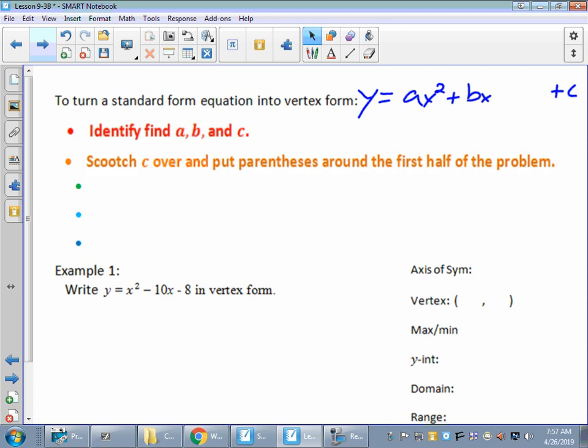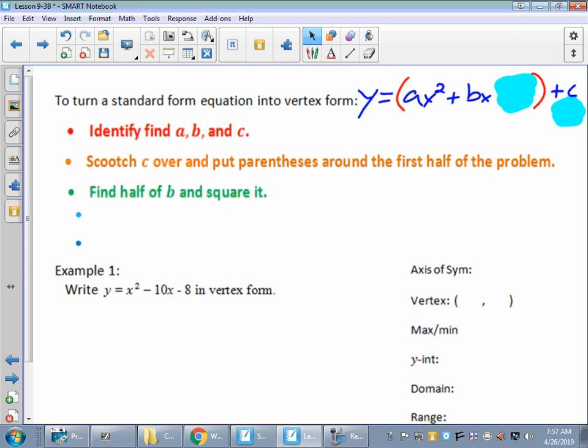And I'm going to put parentheses around the rest of the problem. I'm going to give some room because I'm going to put a number in this spot here, and I'm also going to put something over here as well. We'll get to that in the next step, okay? So all I did there is I just moved my C value over a little bit and then put parentheses and gave myself some room for the next step.